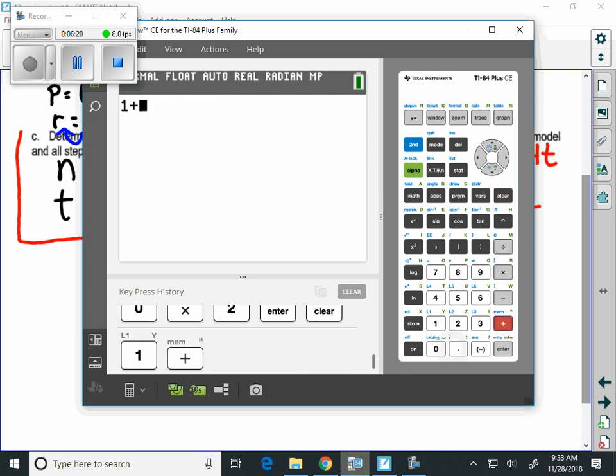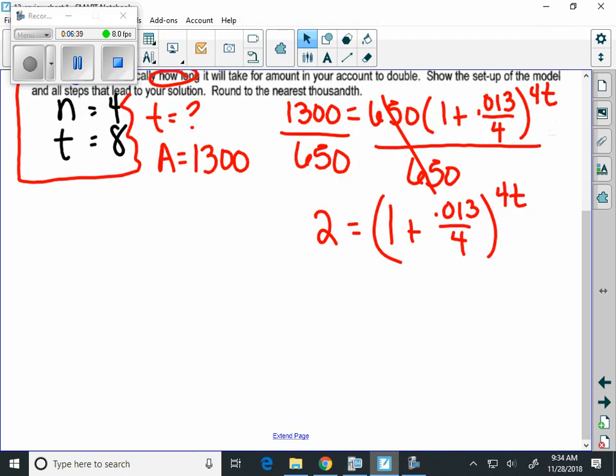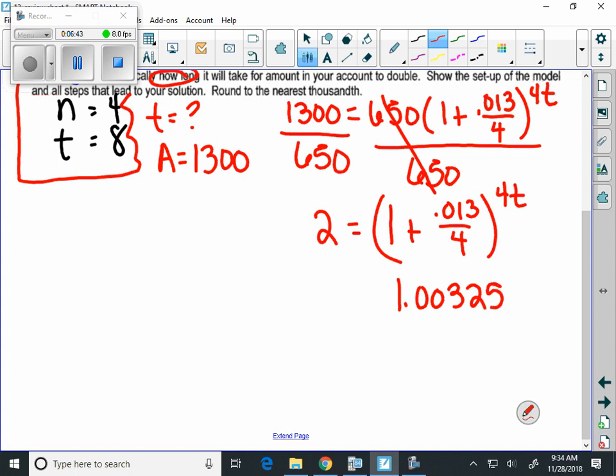1 plus 0.013 divided by 4. Nice enough number. It stops. It's not a big long decimal. It's not a repeating decimal. So instead of writing what's in the parentheses, I'm going to write 1.00325 to the 4t equals our 2.